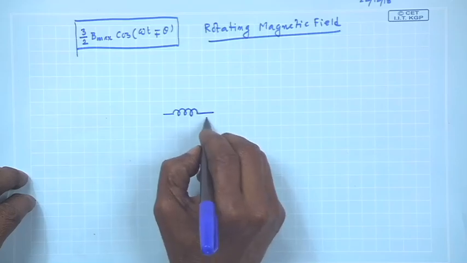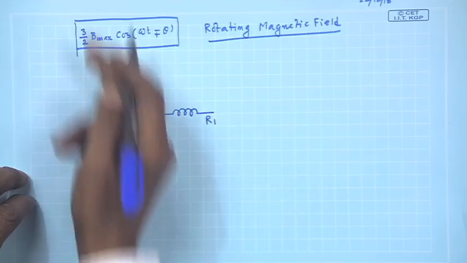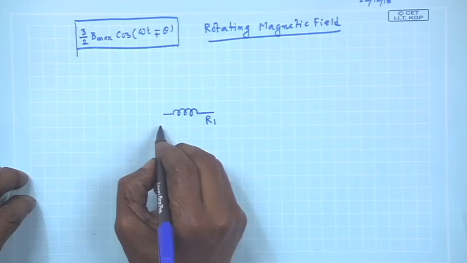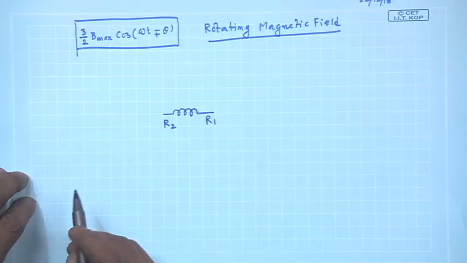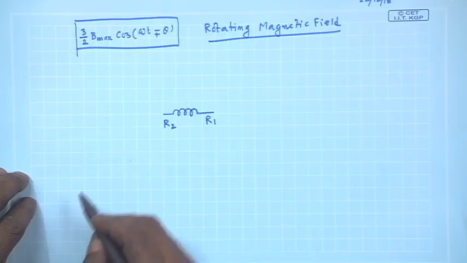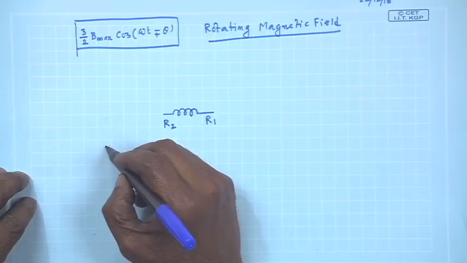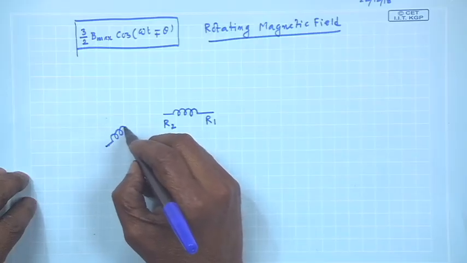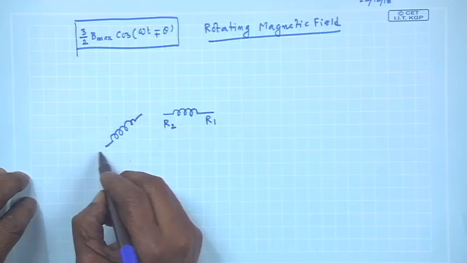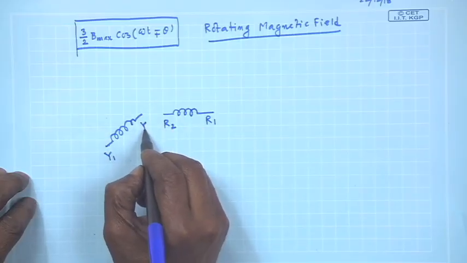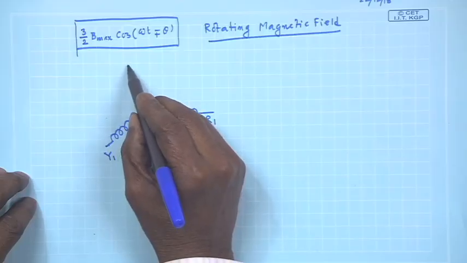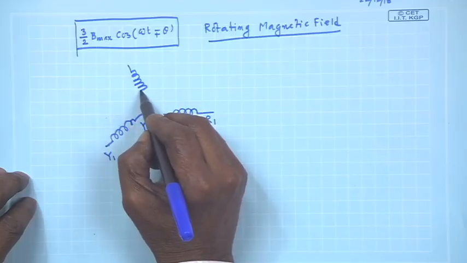This is my R phase winding, which I drew vertically; that does not matter. This is your Y phase winding, Y 1, Y 2, and this is your B phase winding.